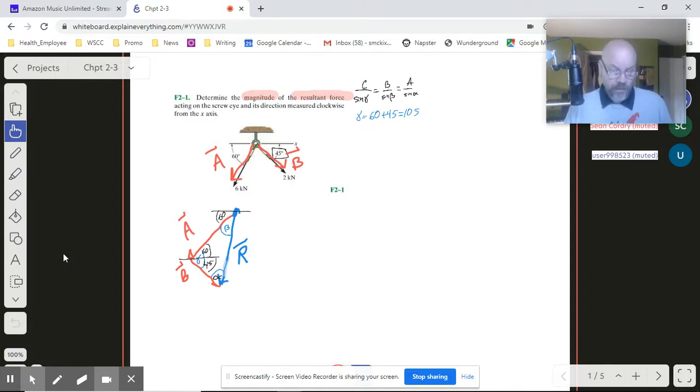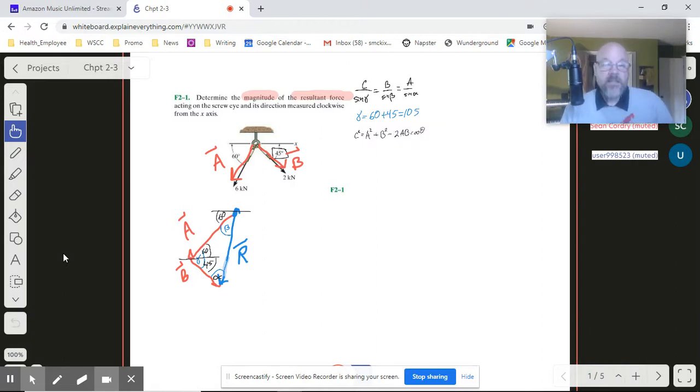In our case, the other way to go is instead of using the law of sines, we'll use the law of cosines. The law of cosines says that c squared is equal to a squared plus b squared minus 2ab cosine theta.